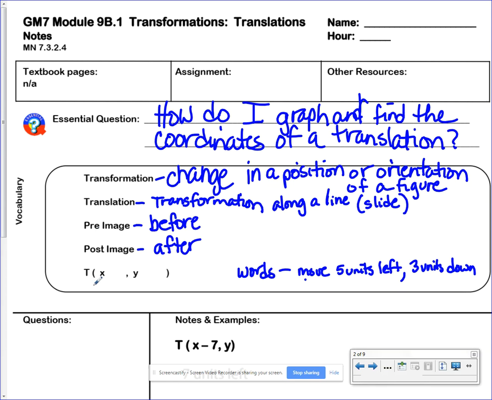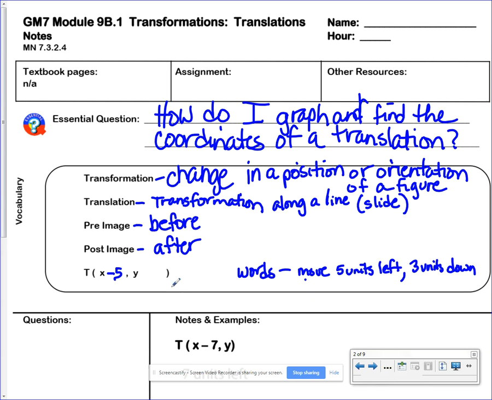Sometimes, rather than words, we can use an algebraic way to express the transformation. So if I'm specifically talking about something like this, move 5 units left, x is the coordinate that travels horizontally. And moving to the left, we would think of subtracting or of a negative number.